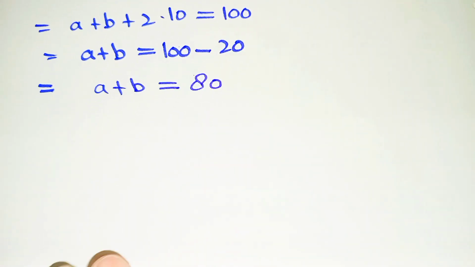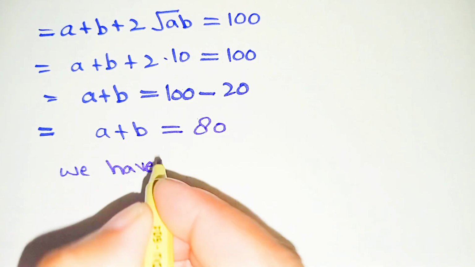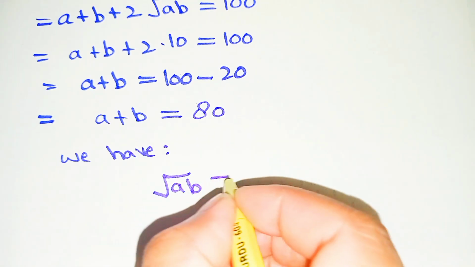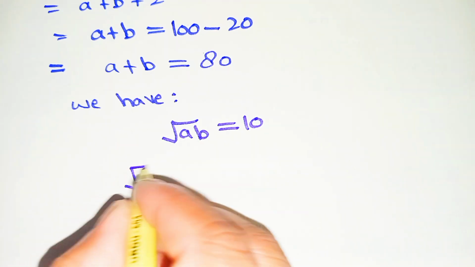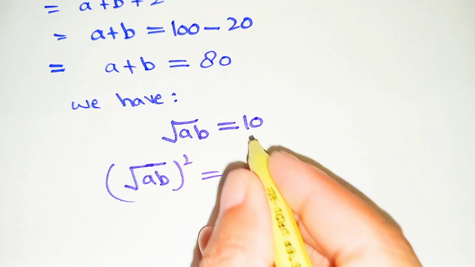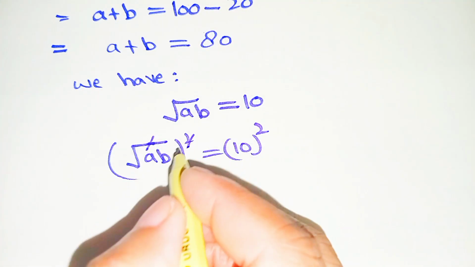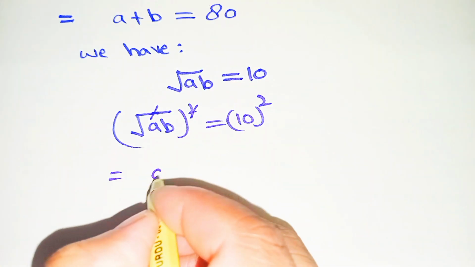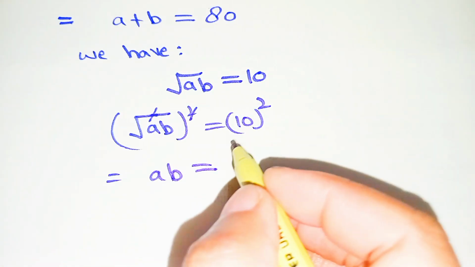And here we have square root of ab is equal to 10. Now we take the square on both sides: (square root of ab) squared is equal to 10 squared. The square root cancels out the square and what remains is ab is equal to 10 squared, 10 multiplied by 10 is 100.